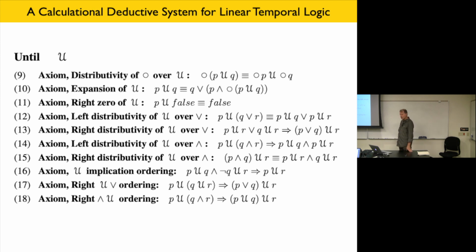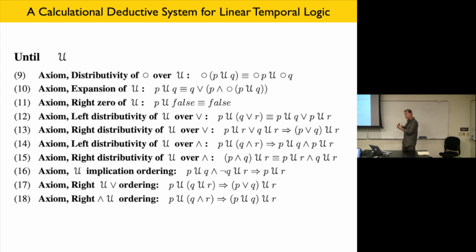Now let's take a look at some of the theorems for until. Until is a binary operator. Informally, what does until mean? P until Q holds in a state if what happens?